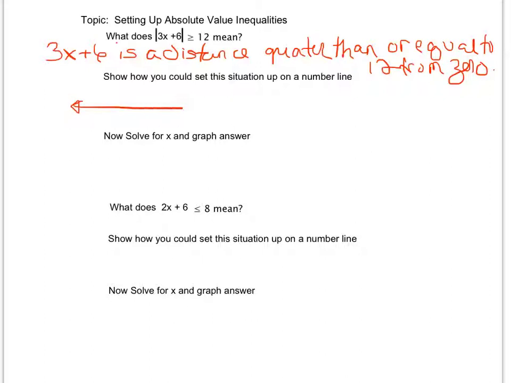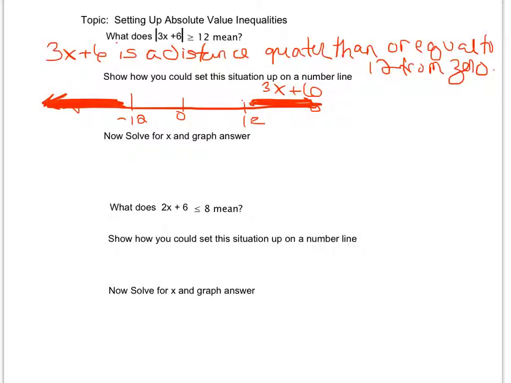Okay? So now we need to look at how we could set this up using a number line. So here's my number line. Here's 0. Well, if 3x plus 6 is a distance greater than 12 from 0, that means 3x plus 6 could be out here anywhere past 12, right? So anything out here could be 3x plus 6. Well, doesn't that also mean that 3x plus 6 could be anywhere over here?